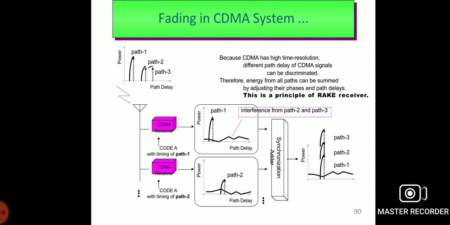They can be different weighted signals in the synchronized adder. The synchronized adder gives the signal in this rake receiver, and the collection of these output signals, the original weighted and duplicated weighted signals, produces the output signal.